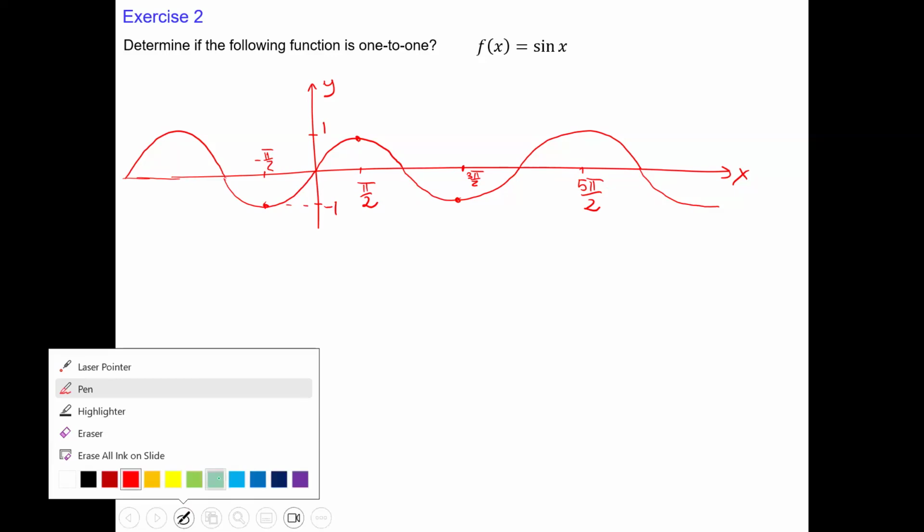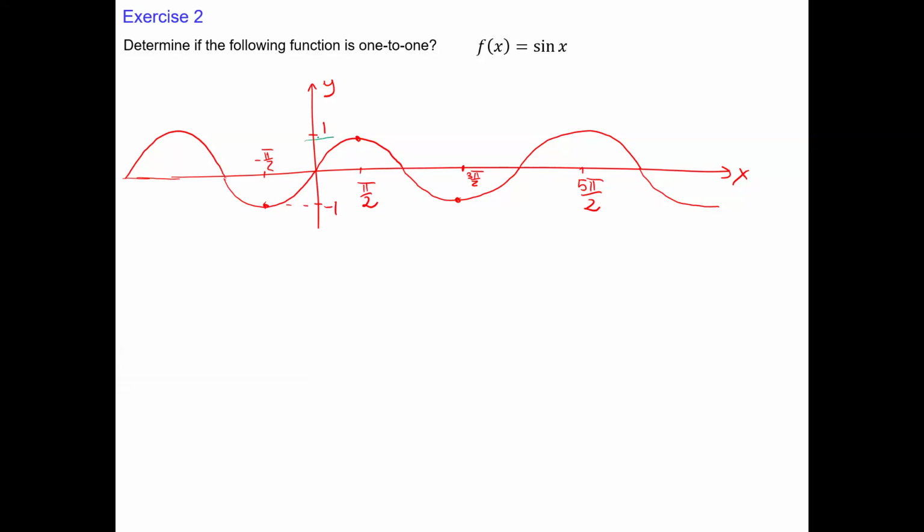When we draw a horizontal line, we can see that the value 1, for instance, will happen infinitely many times for different x's.